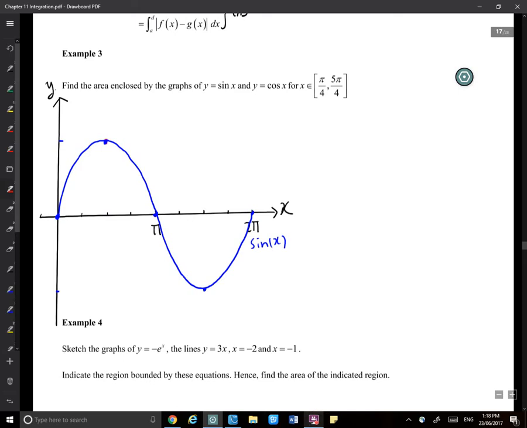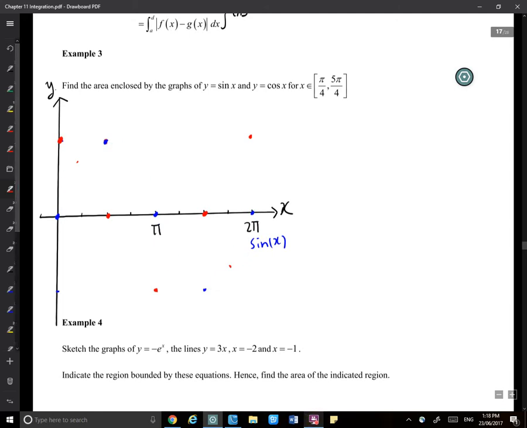Cosine x, I will use red. So cosine x will start here. At here, it goes to 0 and -1, 0 and 1. Pass through this point and pass through this point.